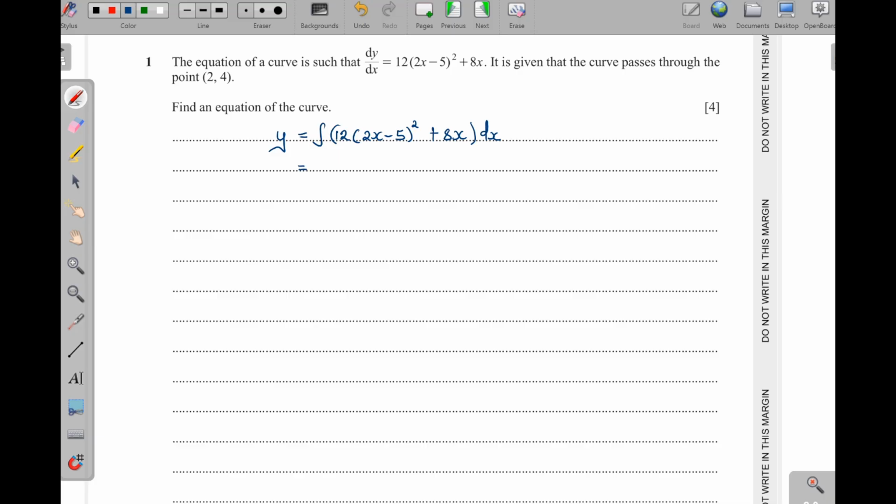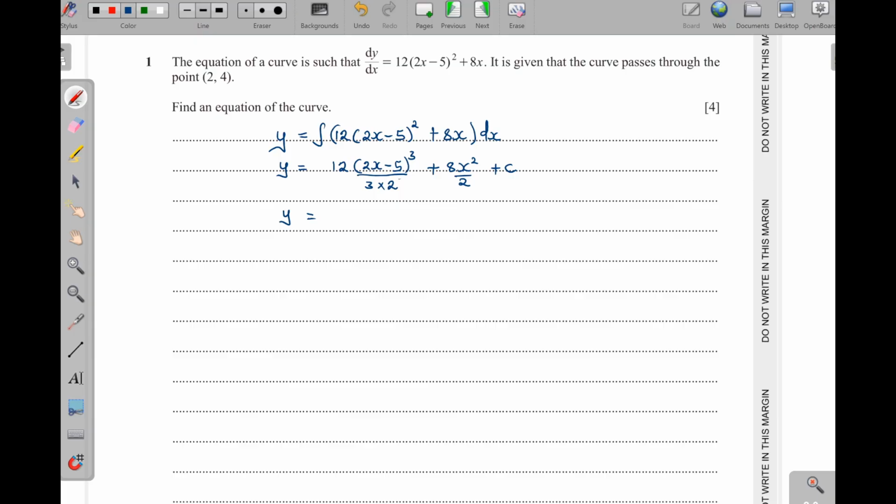When we integrate here, we shall increase the power by 1, so we get a 3. We divide by that new power, then times the derivative of this one, which will be a 2, which comes from a differentiation using chain rule. Then here we shall have 8x squared over 2, and then we shall put a constant here because we don't know which constant disappeared when they differentiated.